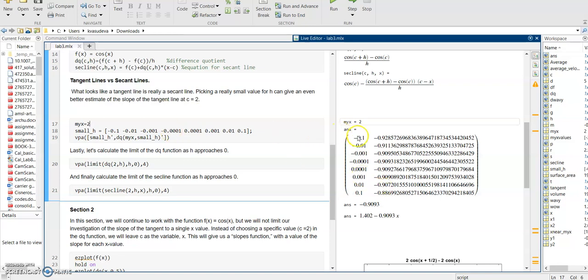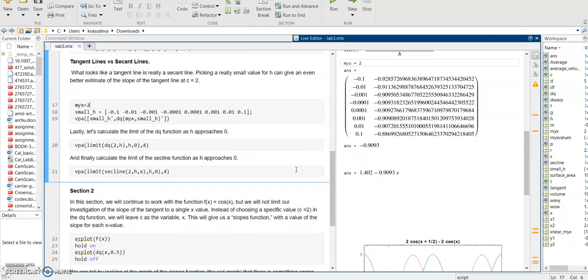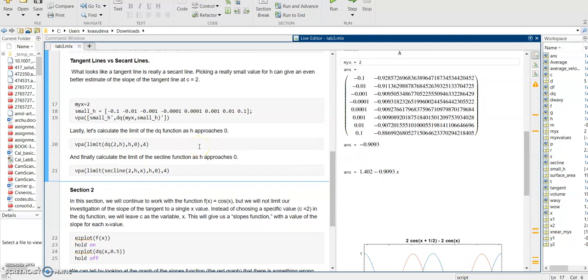So for h equal to negative 0.1, I have slope as 0.9285, and at h equal to 0.1, I have negative 0.88, and h equal to negative 0.001, I have negative 0.909, and so on and so forth. It goes on and on. So in order to further check, take h equal to 0.